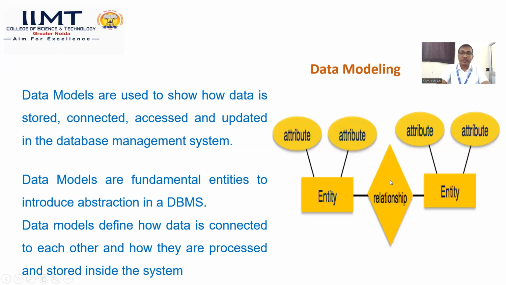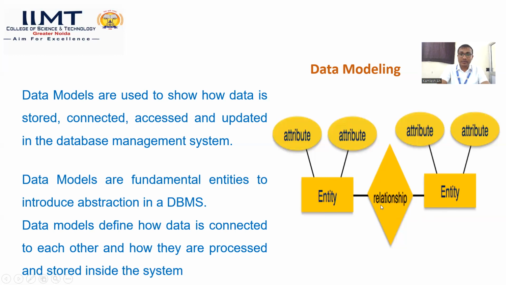In this picture, we will see this entity and this entity. The two entities are related based on a common attribute. This entity has some attributes and this entity has some attributes.